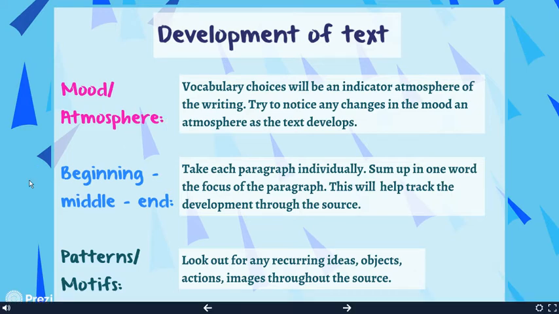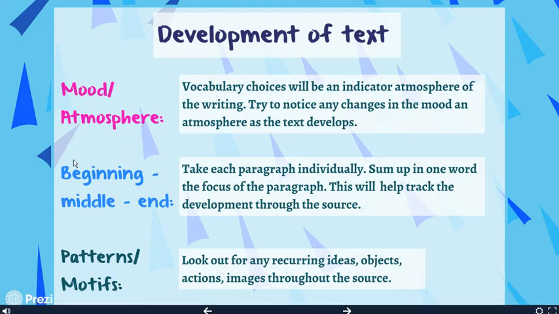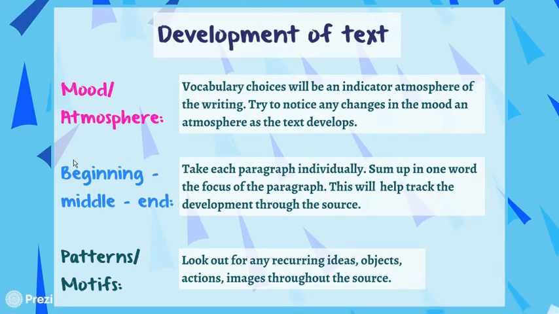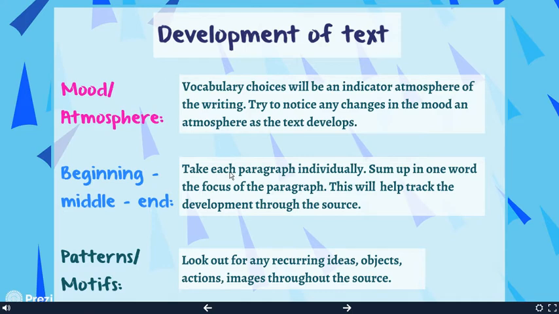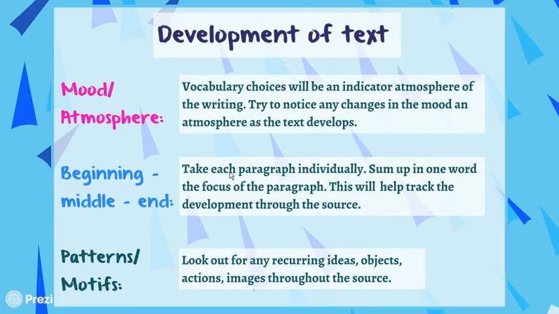If we look at the next topic that you're going to try and analyse in a minute, look at the progression from the beginning to the middle to the end. You're going to take each paragraph individually, and similarly to mood and atmosphere, try to sum up the focus of the paragraph with just one word. Again, that's going to help you track the way the writer's developing that as we move through the source.